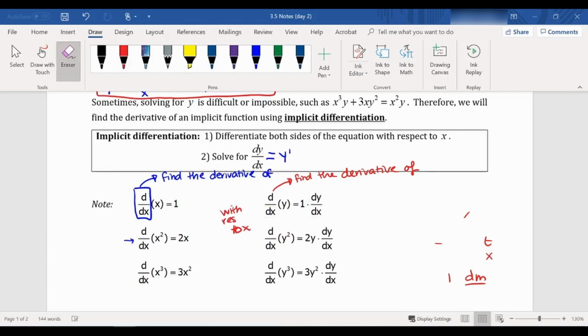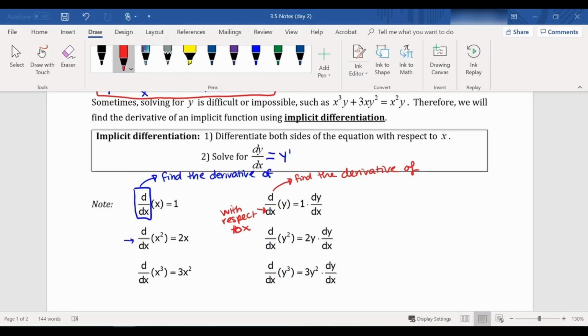So let's make this a little neater now. I'm going to go through a couple examples. I'm going to show you that whether you rearrange or do your implicit differentiation from the start, you'll get the same answer. But we're going to look at some questions where we cannot rearrange. This is one of those sections where the more questions you do, the easier it gets.